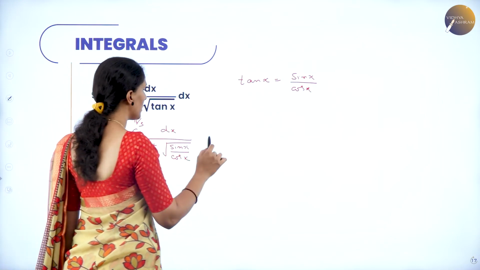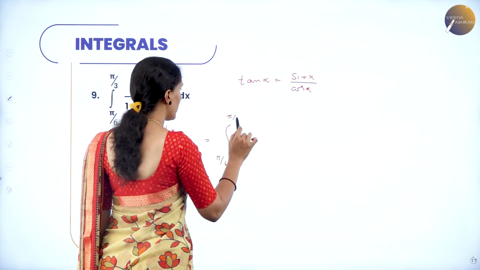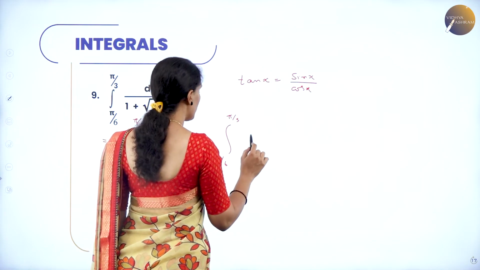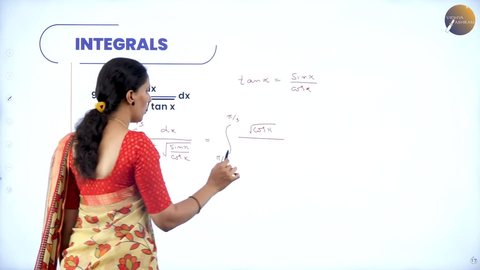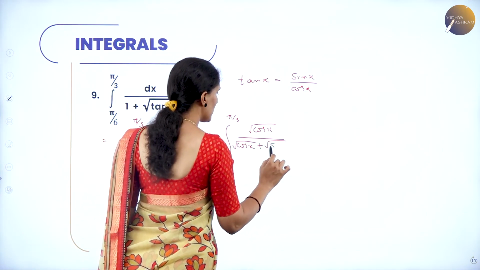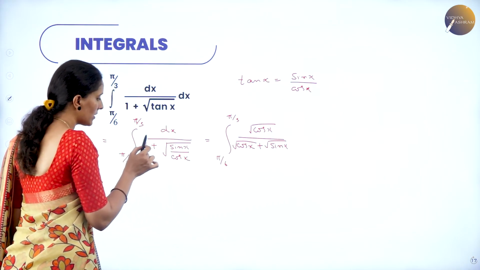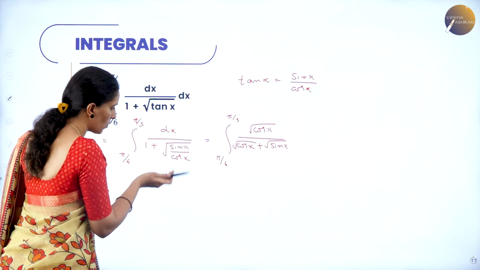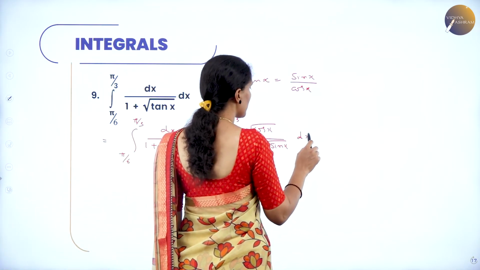Again here after evaluating we will get pi by 6 to pi by 3, and here it becomes root cos x divided by root cos x plus root sin x. If this is in the fraction form, then this is root cos x plus root sin x by root cos x. Root cos x can be shifted to the numerator and here it becomes dx.